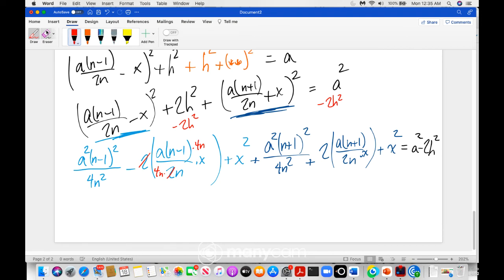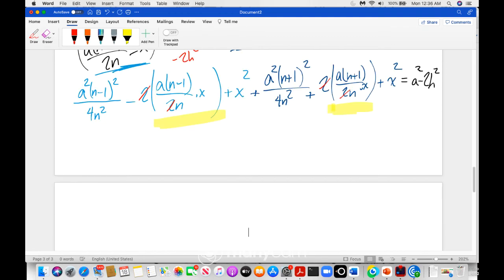Actually, no, I changed my mind. But I will cancel the 2's out, and I'll cancel the 2's out here as well. The reason that I'm changing my mind is because I want to actually combine all the terms with an x and keep those separately. So that would be this term right here and this term right here. I want to keep those separate.